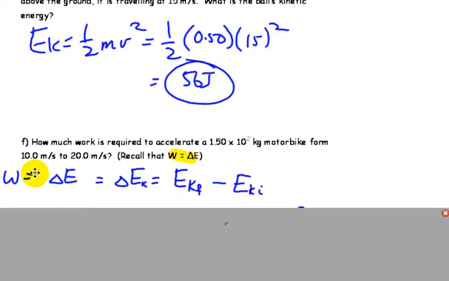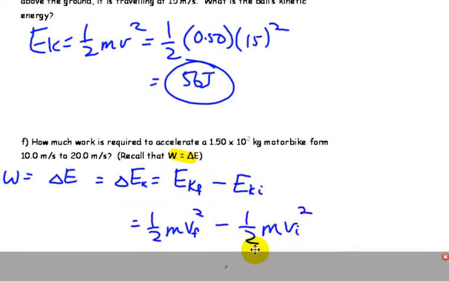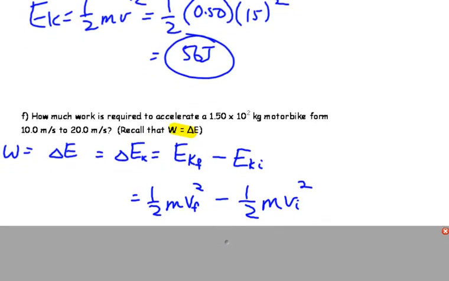So work is equal to change in energy. In our case here, the change in energy is kinetic energy. So to find that change, we have some final energy minus some initial energy. And of course, the difference between final and initial is the speeds. Final speed, initial speed. So 1/2 mvf squared minus 1/2 mvi squared.